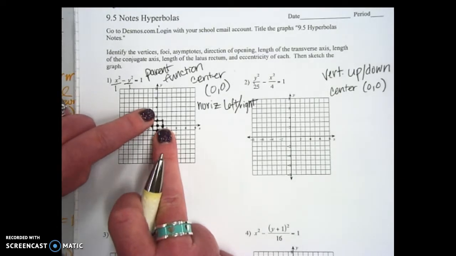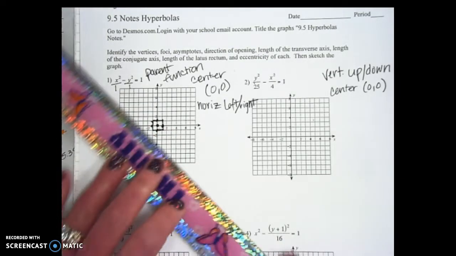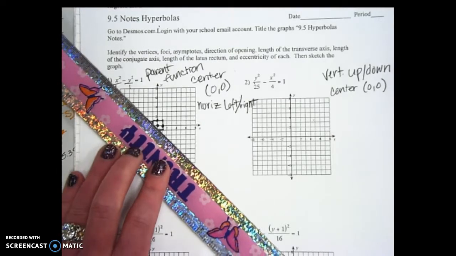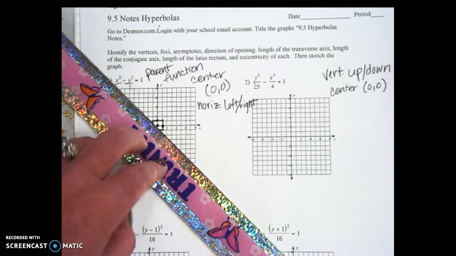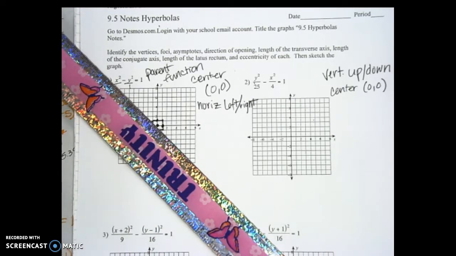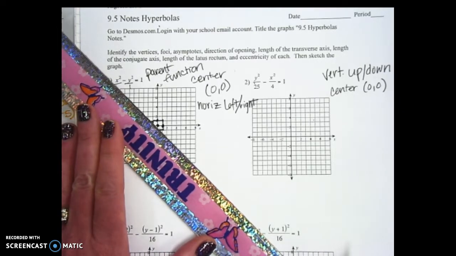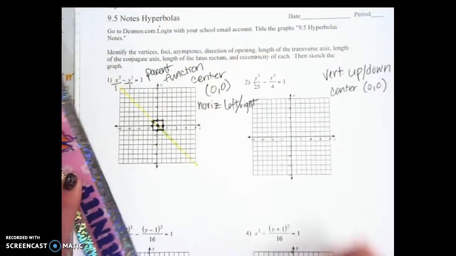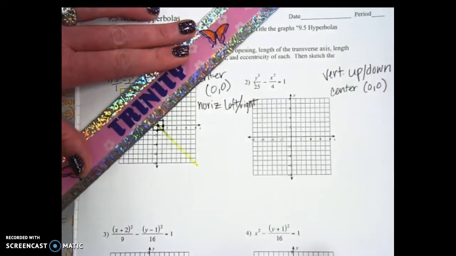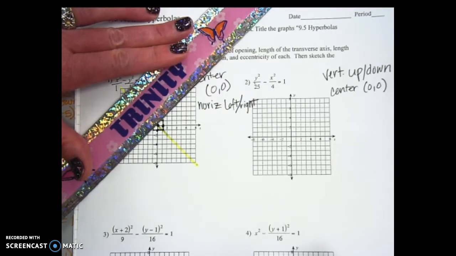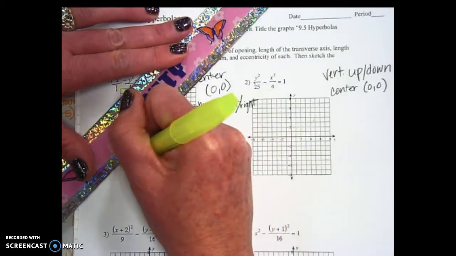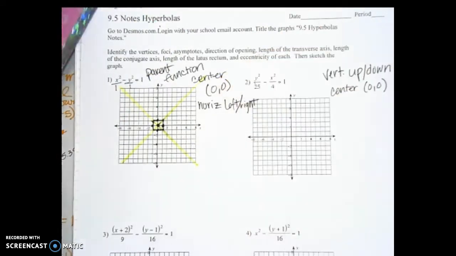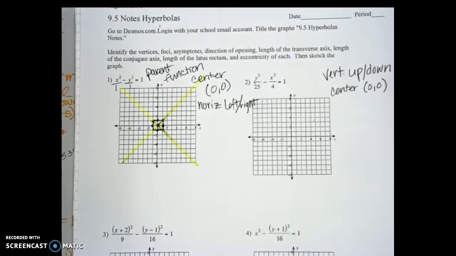So this vertex and this vertex, and you're going to draw a line, and I'm going to use my highlighter for this. So I'm going to use yellow, but it doesn't matter what color you use. And then go to the other pair of opposite vertices, draw a second line, and that's going to be your guide, or what we call your asymptotes.